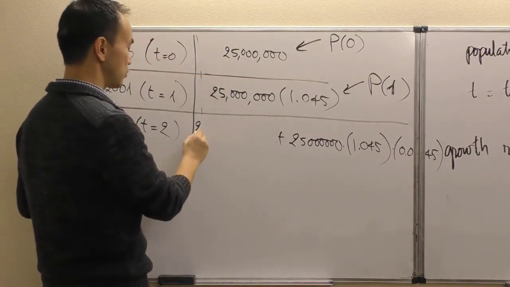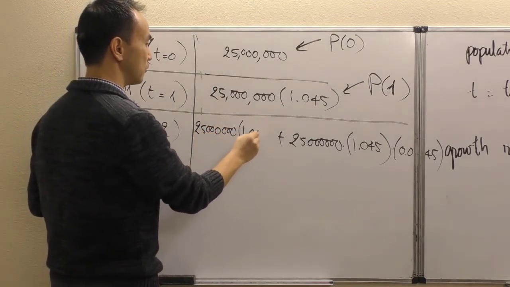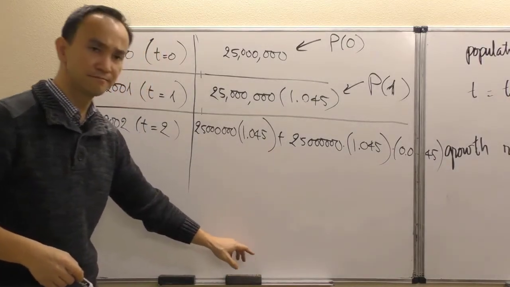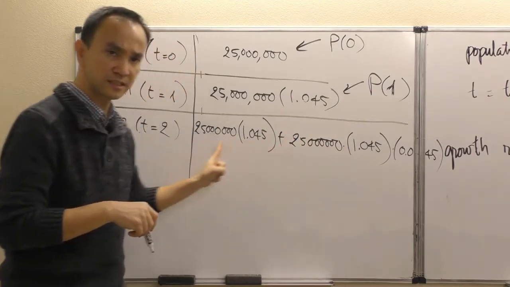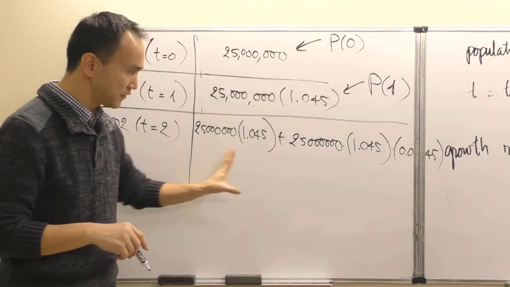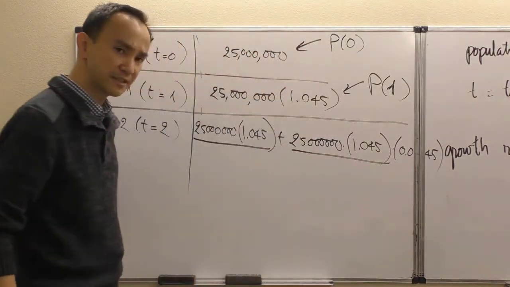So now that's 25,000 times 1.045. Okay, but we're adding that. But hey, wait a minute. There's both of these terms right here, with the addition right in between them, both of these terms have the common factor that I underlined right there.